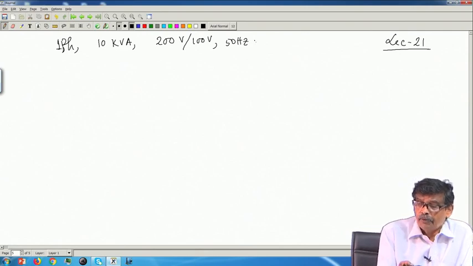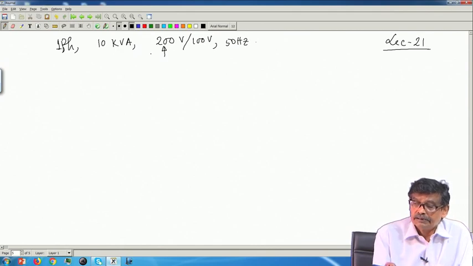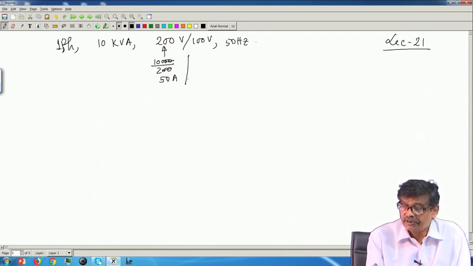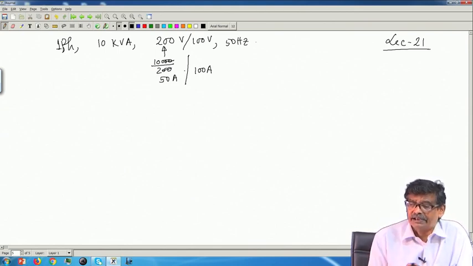I told you, the moment you know the rated values, always find the rated currents. So 10,000 by 200 will give you the rated current of the high voltage side, 50 ampere, and of course the rated current of the LV side will be twice this amount, 100 ampere. Suppose this is the rating of the transformer.